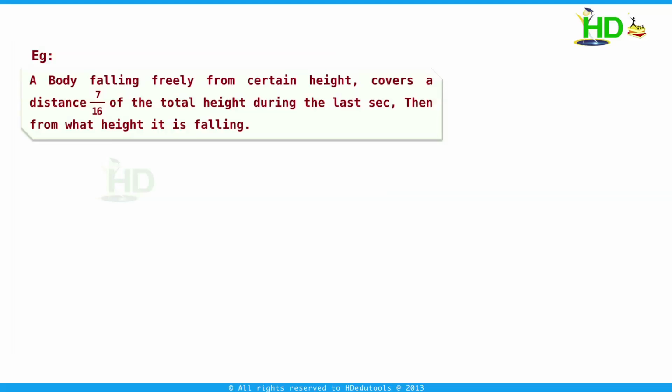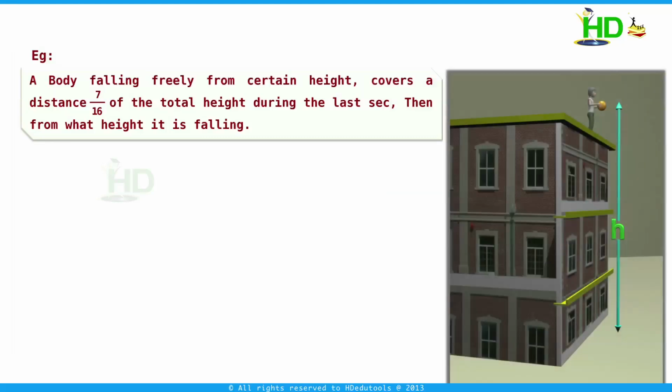A body falling freely from a certain height covers a distance 7 by 16 of the total height during the last second. Then from what height is it falling? Now what is given in our question is, a body falling from height h covers a displacement 7 by 16 h during the last second of its fall. We have to find from what height it is falling down.